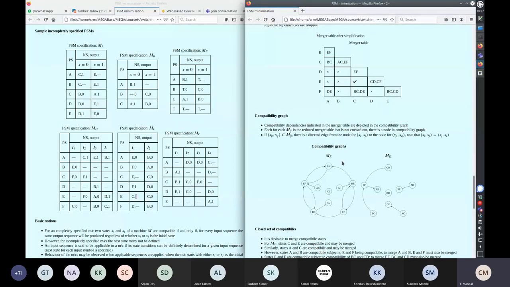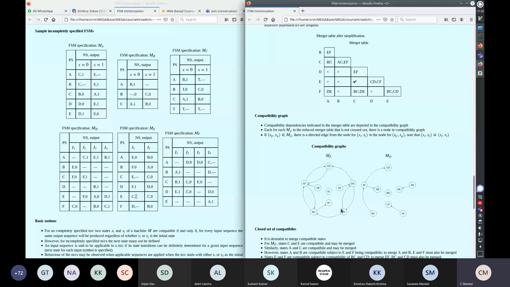So this Marchett table can also be represented as a compatibility graph. This graph indicates the dependencies. It's the same information which is represented.